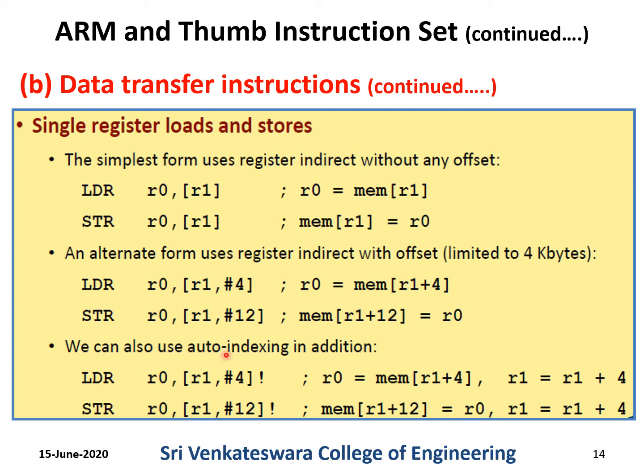Now the next method is the auto indexing method. Here you can see within the square bracket R1, #4 is present, and outside that there is an exclamation symbol. This exclamation symbol is used to indicate auto indexing mode.